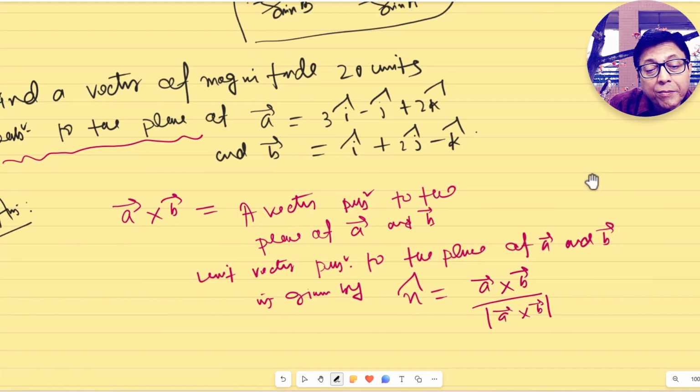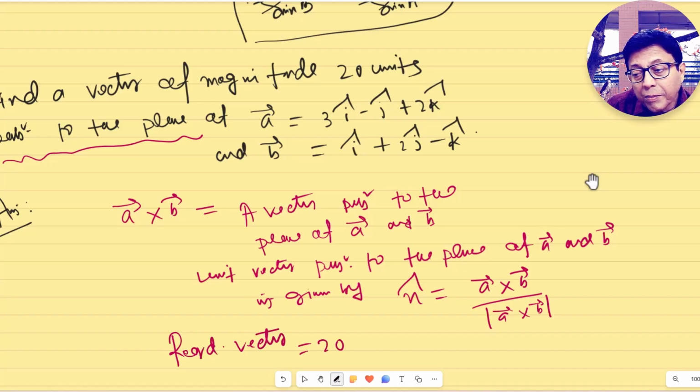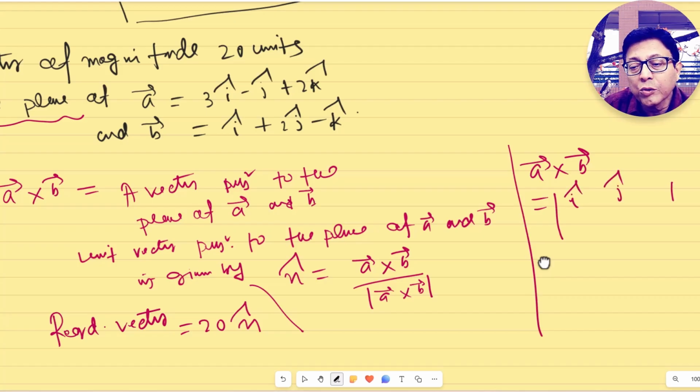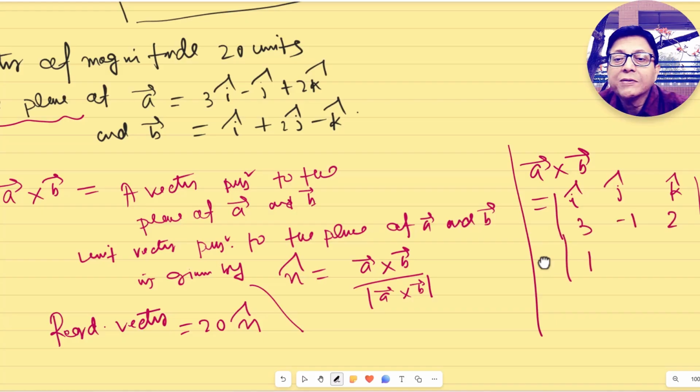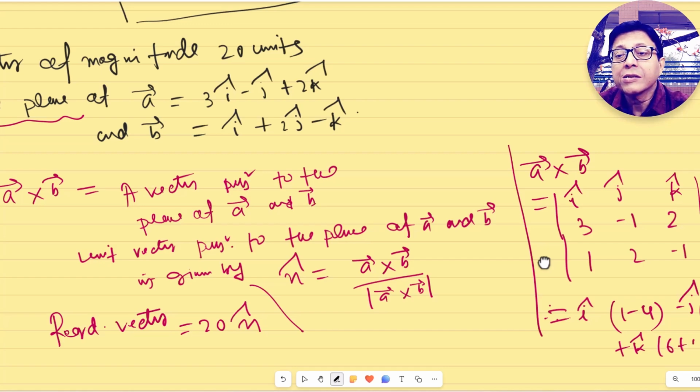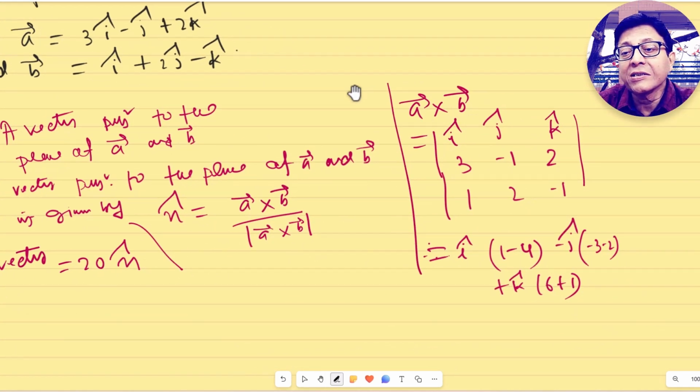So, the unit vector perpendicular to the plane of A and B is given by n cap equal to A cross B by mod of A cross B. And the required vector is going to be 20 into n cap. Am I correct?